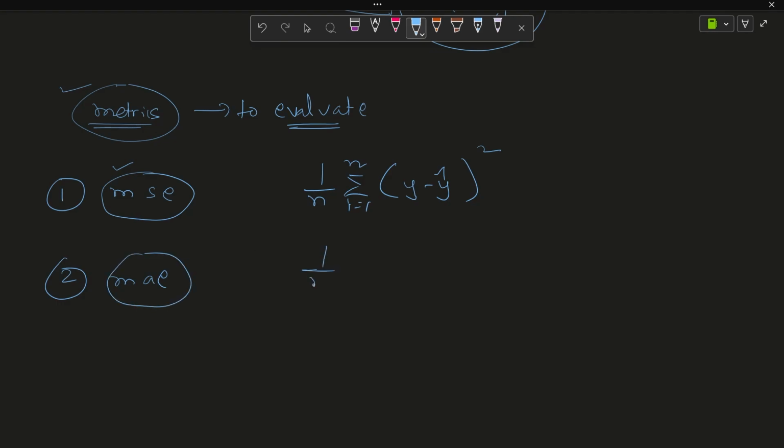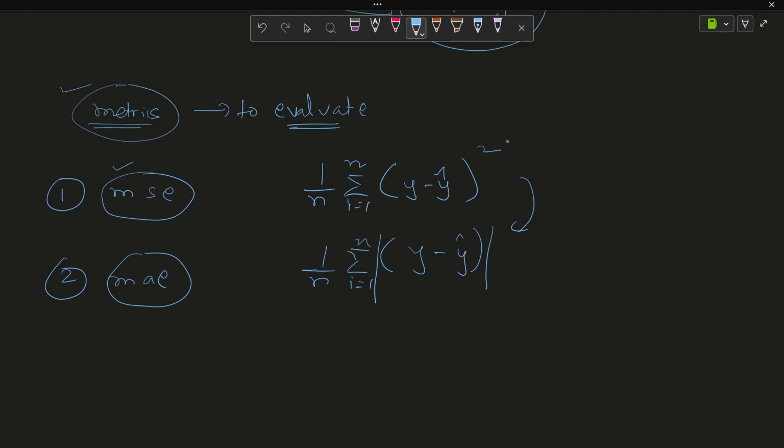At first, let's talk about the formula. Instead of the square, we are taking the absolute value. We are taking the modulus of this, we are finding the absolute value. So why this change?